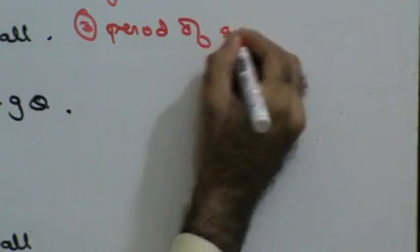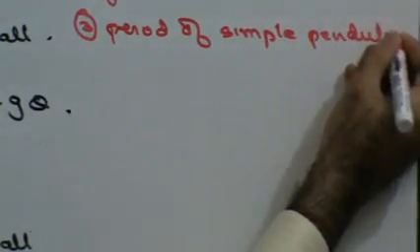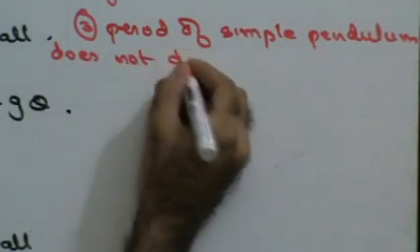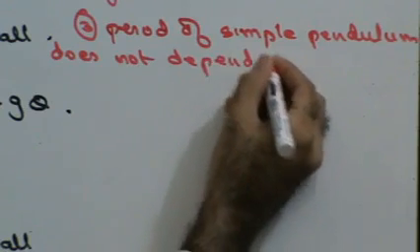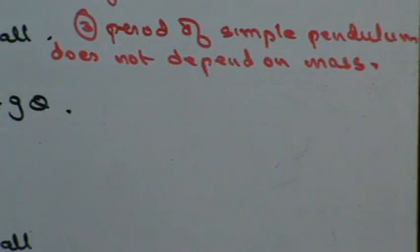Right? And third, the period of the simple pendulum does not depend upon the mass. Period of simple pendulum does not depend on mass. Right? Those are called the laws of simple pendulum.